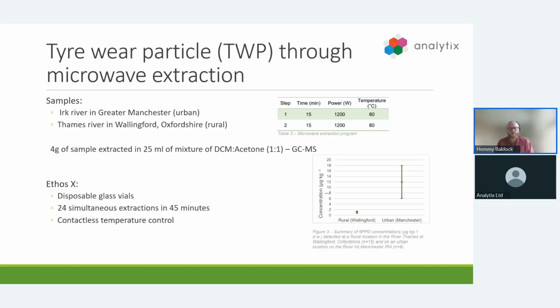Additionally, the Ethos X enables simultaneous solvent extraction of up to 24 samples, in this case going from weighing to filtration steps in only 45 minutes. This offers extraction throughput of over 200 samples in an 8-hour workday.